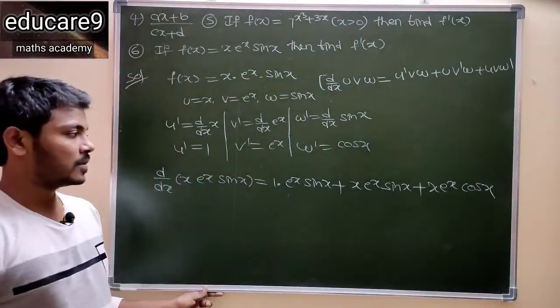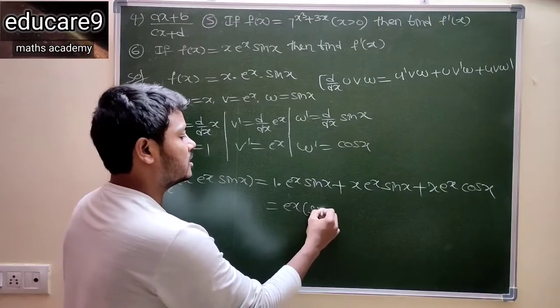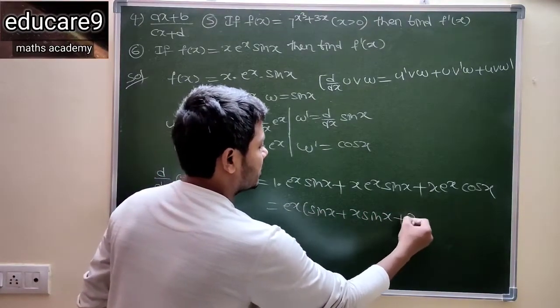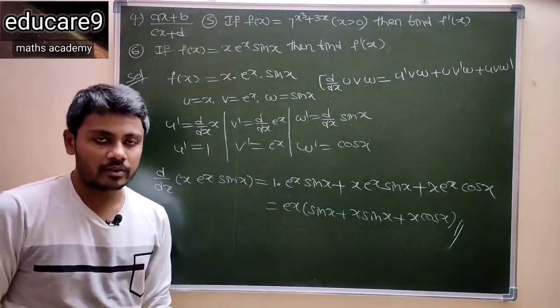Okay. In all terms e power x is common. You will get sin x plus x sin x plus x cos x. This is the derivative of the given function.